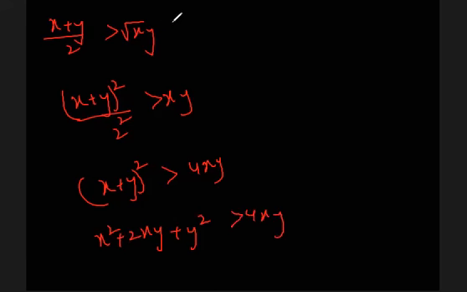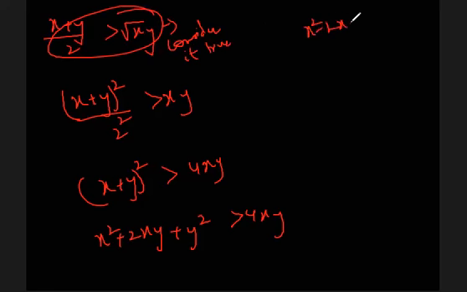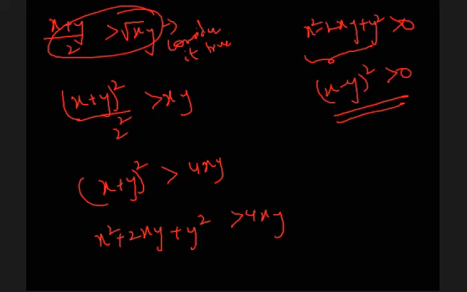We are considering this entire statement as true. Now x square minus 2xy plus y square is greater than 0. This can be replaced with the formula x minus y whole square is greater than 0. We know that anytime we take a square of a number, it will always be greater than 0.